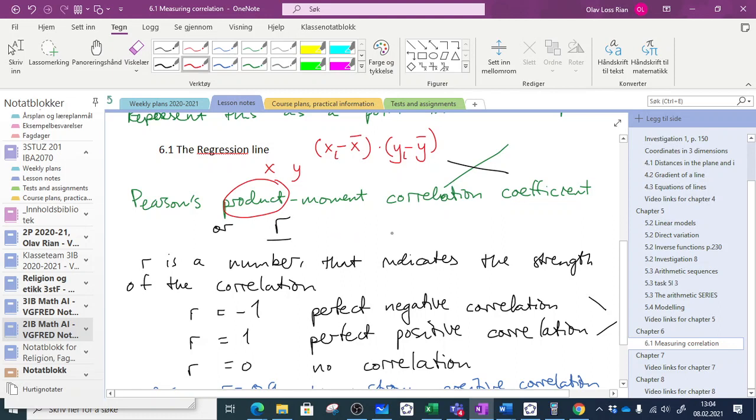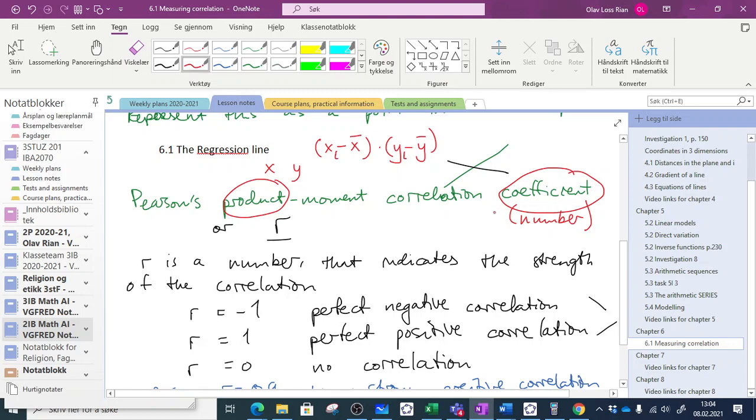The word coefficient means that, well, simply put, coefficients are numbers rather than a variable. And this Pearson's coefficient is a number value.